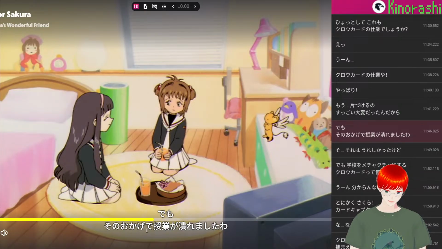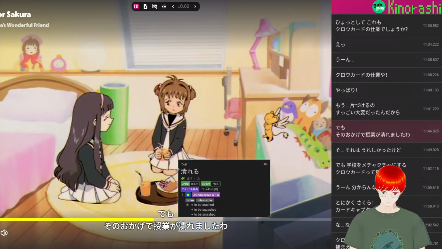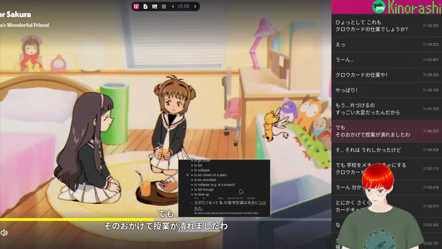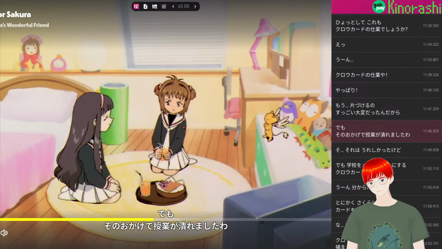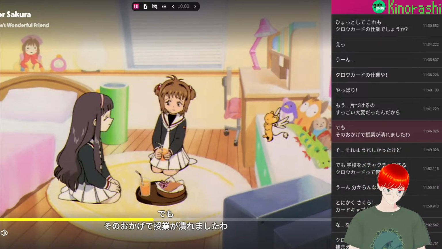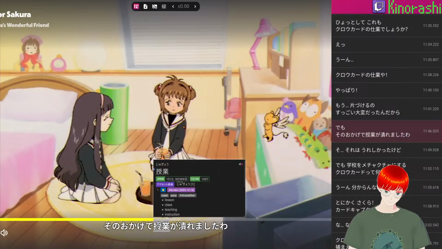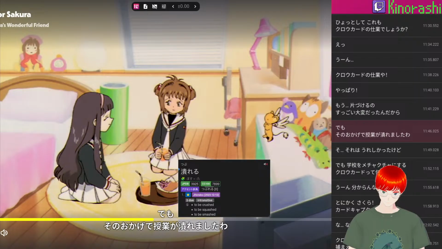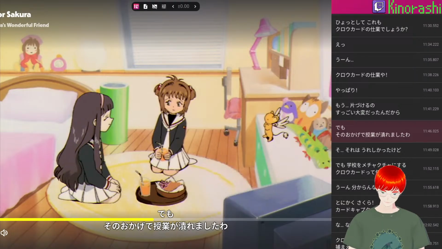So because of that influence, class was canceled, or as they're using it, ruined here. Demo sono okage de. We got jugyo, and suburemashita, from subureru. Demo sono okage de jugyo ga suburemashita wa.